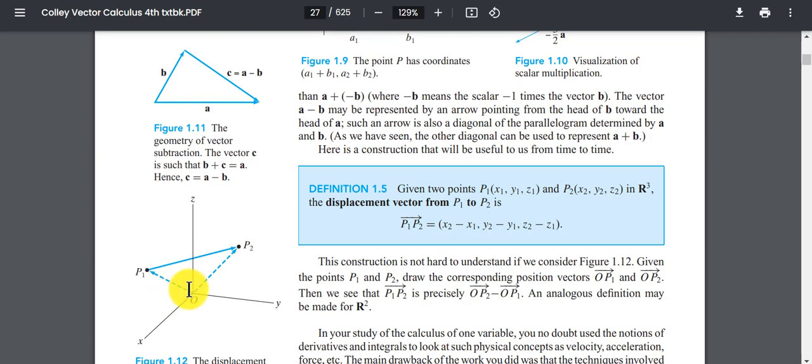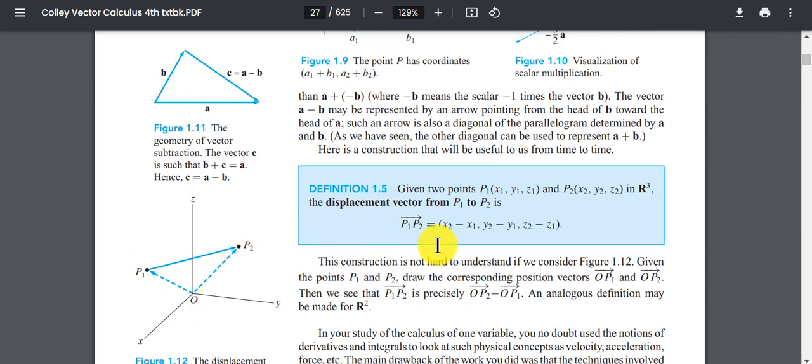In this definition they're not thinking of these vectors, they're thinking of these points, but you can see that it's more or less the same thing. The displacement vector from this point to this point is the same thing as this dashed vector minus this dashed vector. Just like this was A minus B, this is this vector minus this vector.